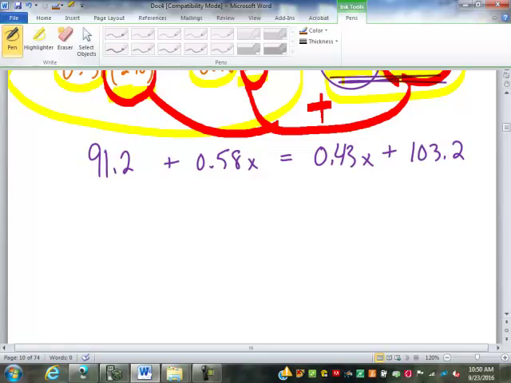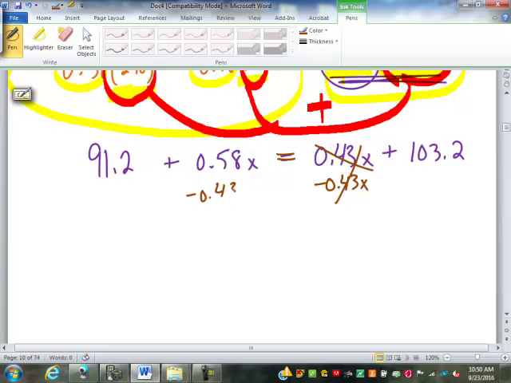So the first thing you have to do is get to a single occurrence of the variable. It appears twice here, so you have two possibilities. If they're on the same side, you can combine them, but here they're not. If they're on opposite sides like they are here, you have to get rid of one of them. So we're going to get rid of the smaller one, which is the 0.43x. So we subtract 0.43x and it's gone.